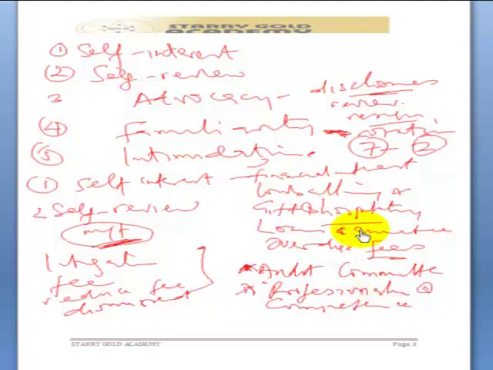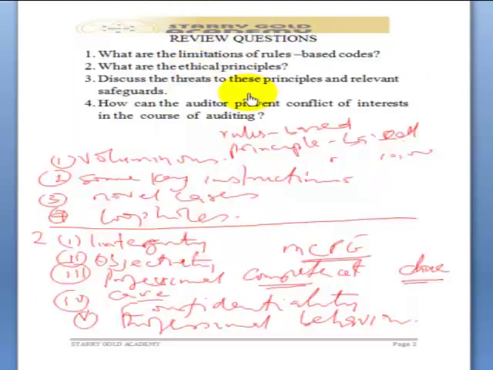So on a worst case scenario, if the intimidation is too serious, the auditor may consider resigning from the appointment. So these are the threats to independence, to the ethical principles, and we have also discussed the safeguards that could be applied to them.